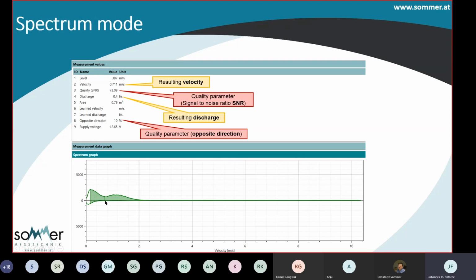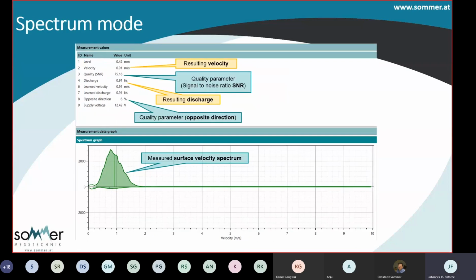So this might be an indication that we have some reflection somewhere which produces a secondary velocity peak, which is difficult to interpret by the sensor. So if you see a spectrum with two or more peaks, then you definitely need to change something. You might have to move the sensor to a different place or consider any reflections or other issues that could lead to this spectrum.